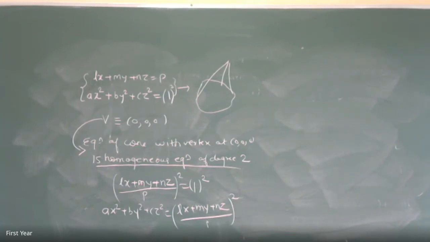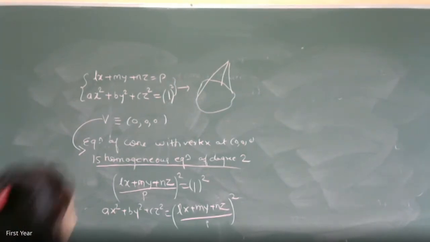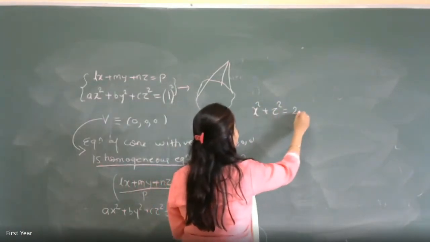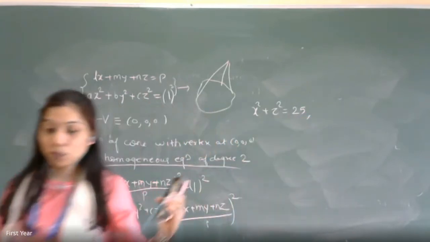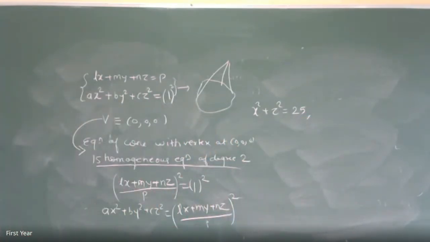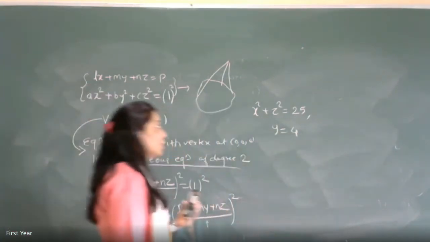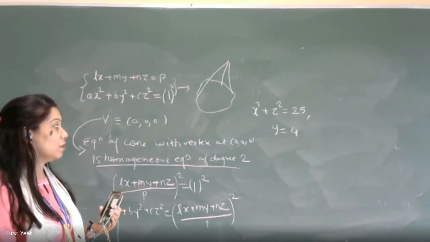Right circular cone having its vertex at origin, and passing through the circle x square plus z square is equal to 25, y is equal to 4.